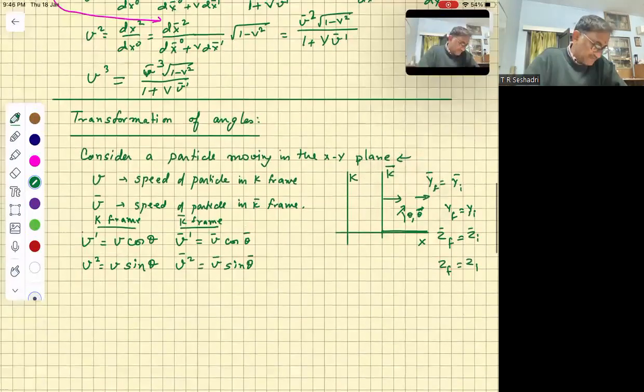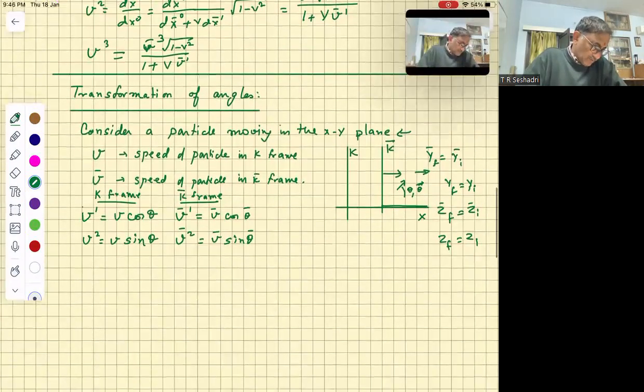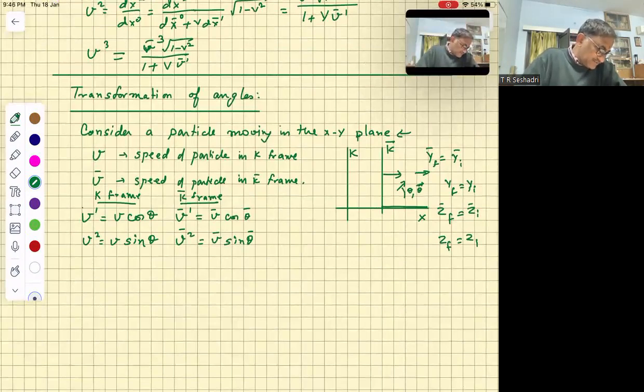How do we do it? Let me divide these two. V2 by V1 is equal to tan theta, because v will cancel out.